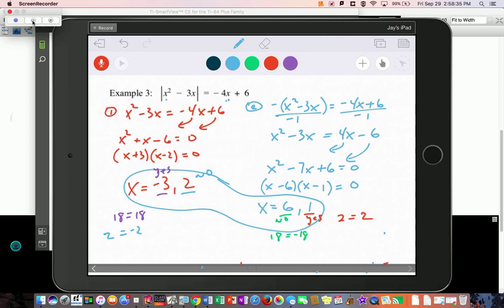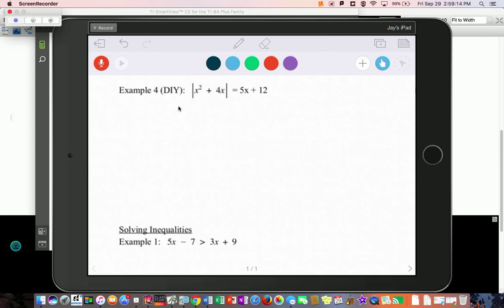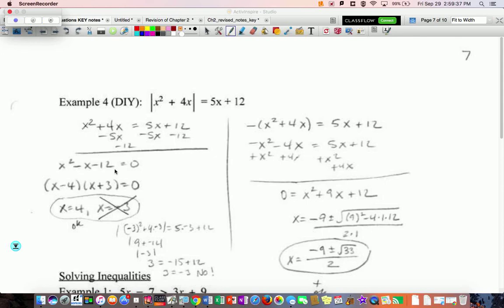All right, so now let's find the next example. So example 4, DIY. Go through it, similar to what we did. Double check your answers. So pause the video now. So again, absolute value, do the positive, do the negative. You want to find both quadratics.